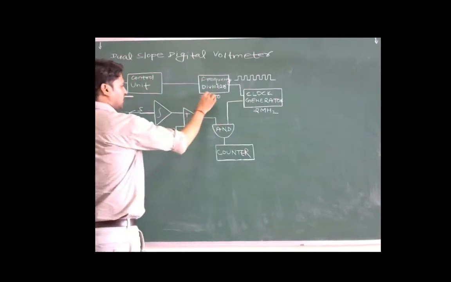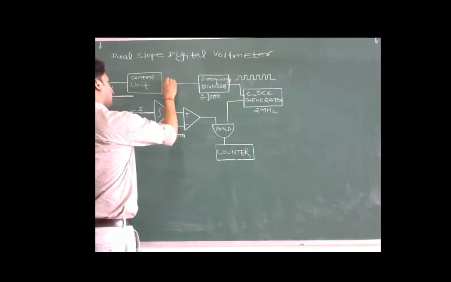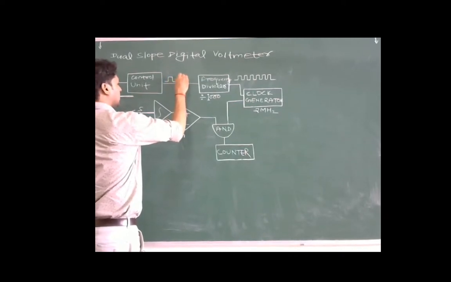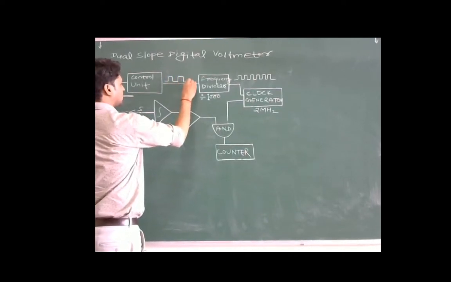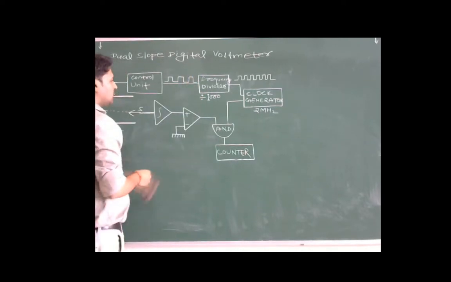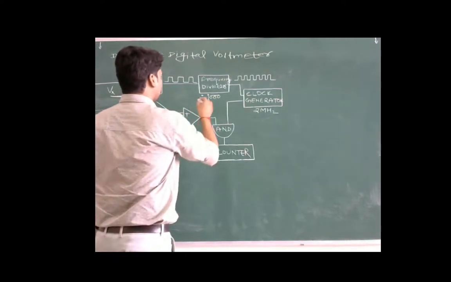If it divides the frequency by 1000, then how much will be the frequency of the output of this frequency divider?